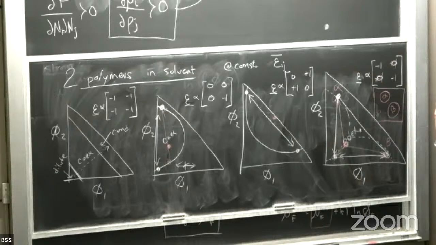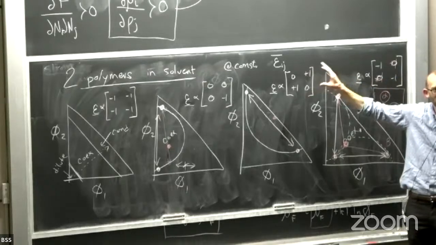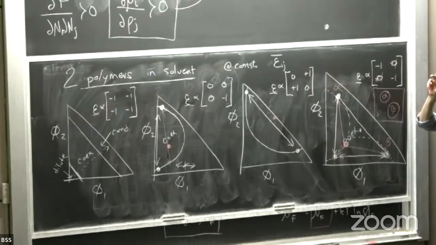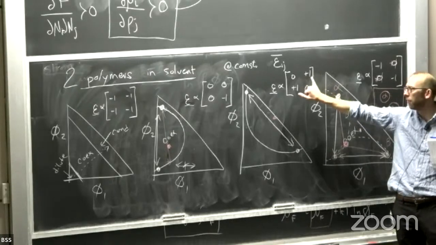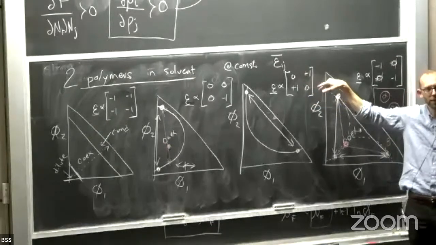This symmetry is truly a constraint in these systems, right? If you go back to where this came from, counting the number of contacts between these different monomer types that are placed together, we're just counting the number of contacts. So we really cannot have an asymmetry around this axis.